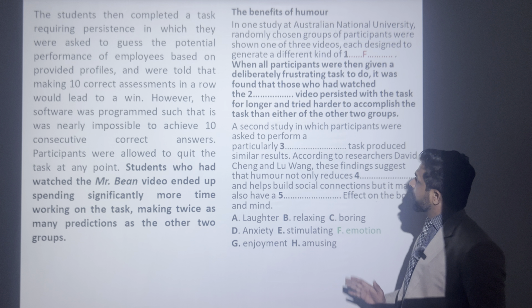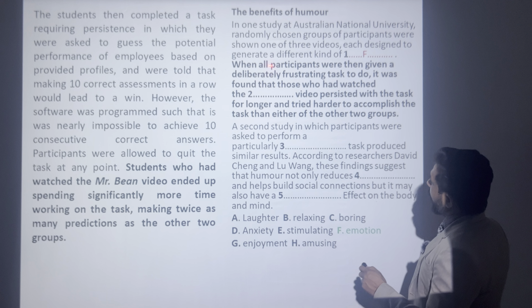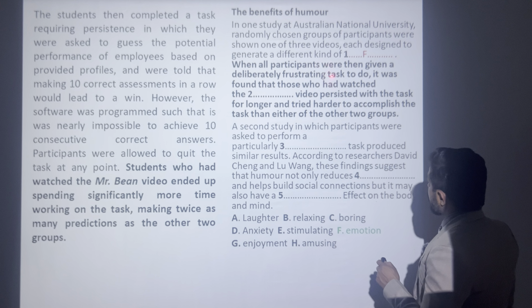Okay, question number 2 says, first of all, we will read the question. Question number 2 says, when all participants were then given a deliberately frustrating task to do, it was found that those who had watched one kind of video persisted with the task for longer and tried harder to accomplish the task than either of the other two groups.